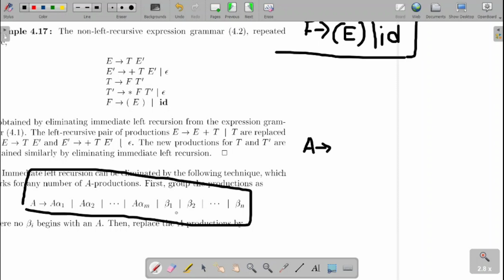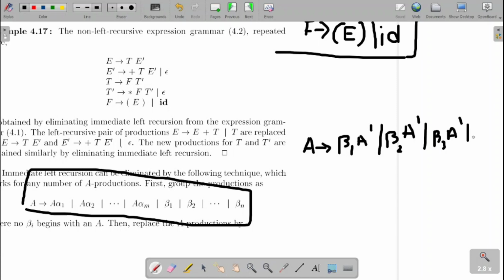Here I don't have a single beta, I have multiple betas. First one is beta 1 A dash, or next option is beta 2 A dash, or beta 3 A dash.